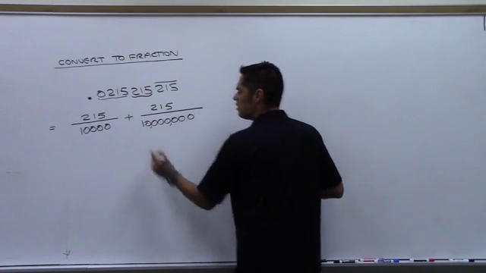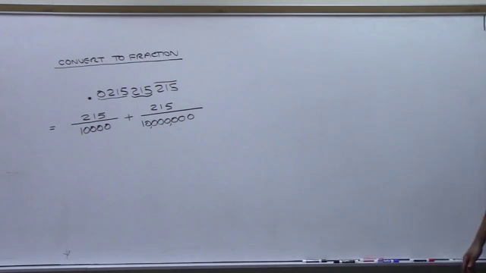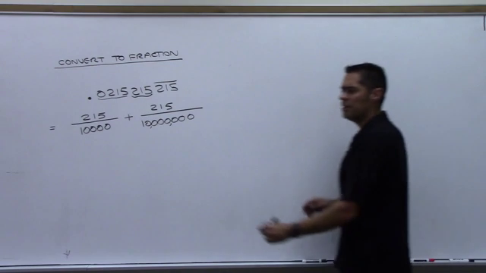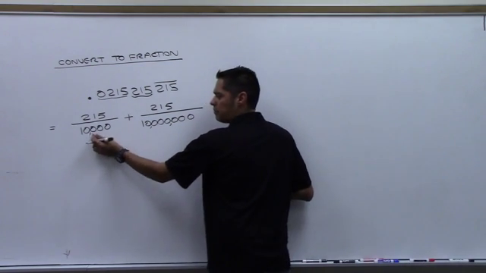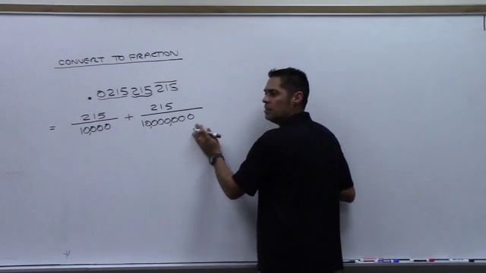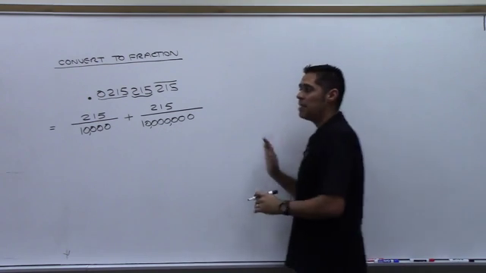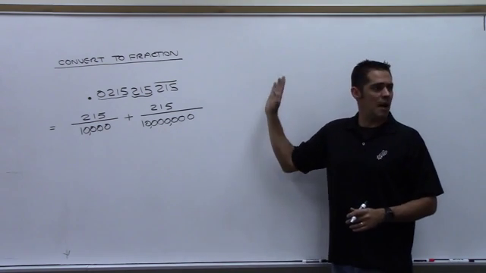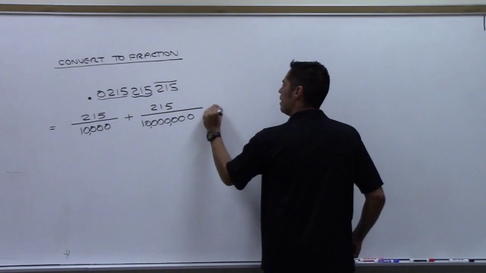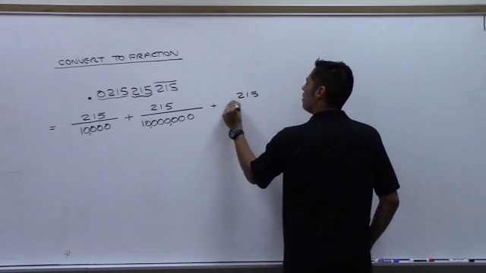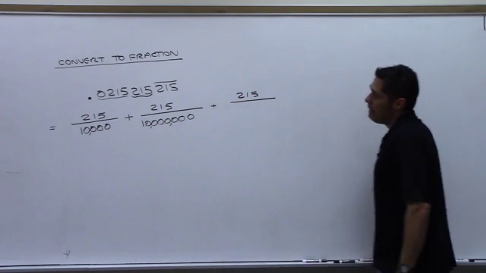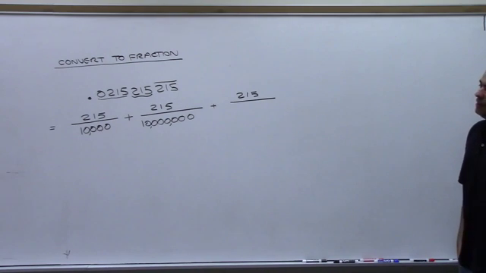I think I got enough there. Is that right? This one had 4 zeros, didn't it? This one has 7 because I'm 3 more over. 215, 3 more over. Let's not even care about what it is anymore.